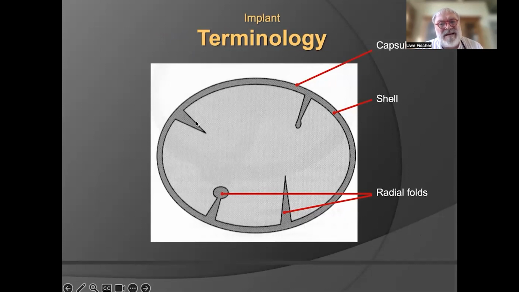They are spicae usually, and filled with body fluid, with seroma between the shell of the implant and this capsule that is built by the body within 6 to 8 weeks. And there is sometimes a little bit of seroma between the capsule and the shell, or within these radial folds. But there shouldn't be any silicon. Silicon is inside, and outside the shell there is no silicon.